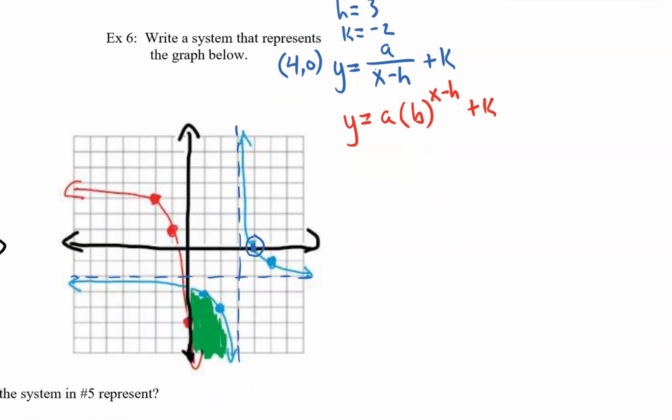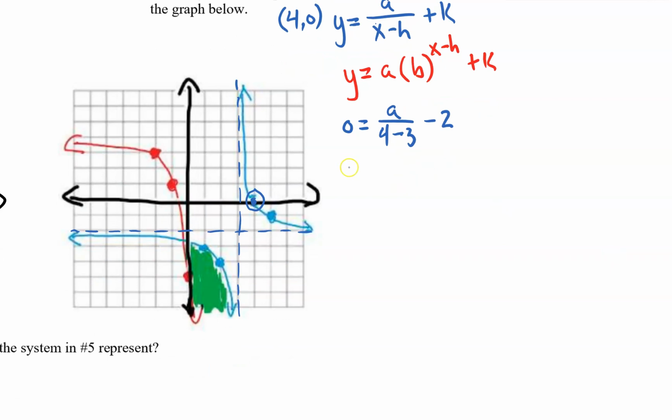That means I'm going to do the following work here. I'm going to replace everything and try to solve for a, and once I have a, then I can write the equation. So I'm going to say y, that's 0, is equal to a over, because I don't know a, I know x is 4, and I know my h is 3, and I know my k is -2. Well, then that means I'm going to add 2 to this side, and it's a over 1.